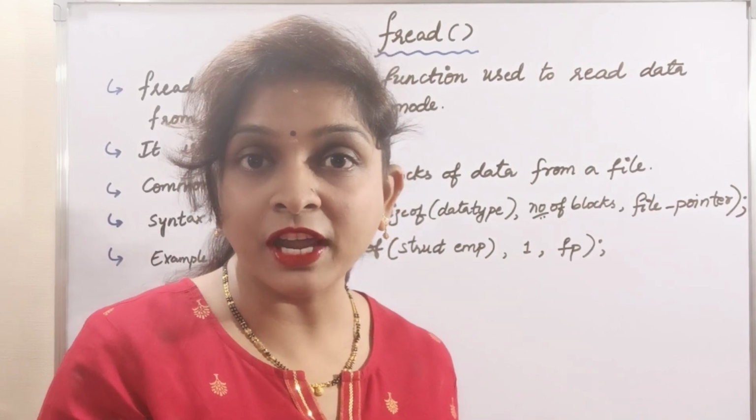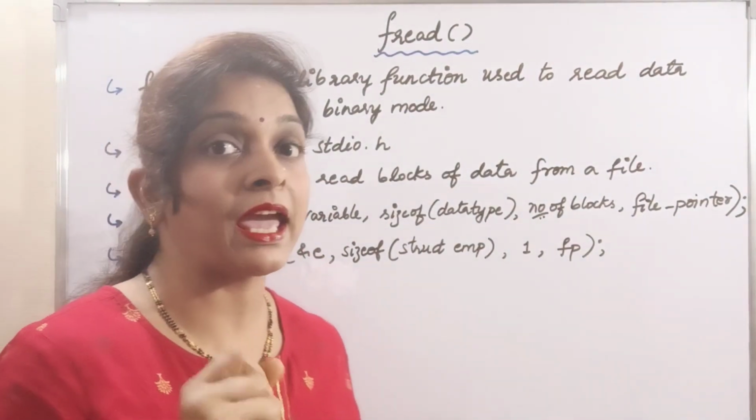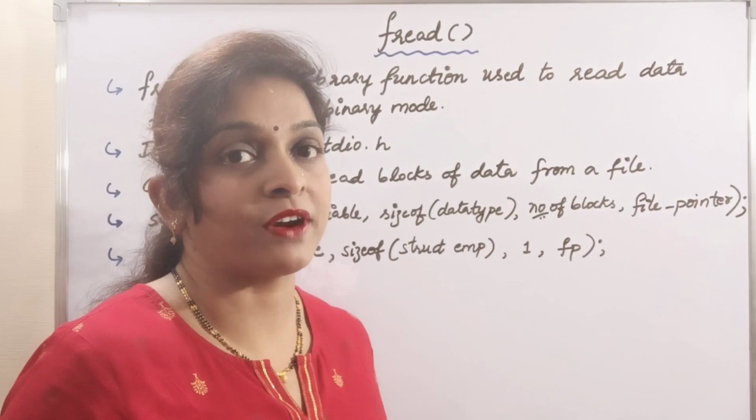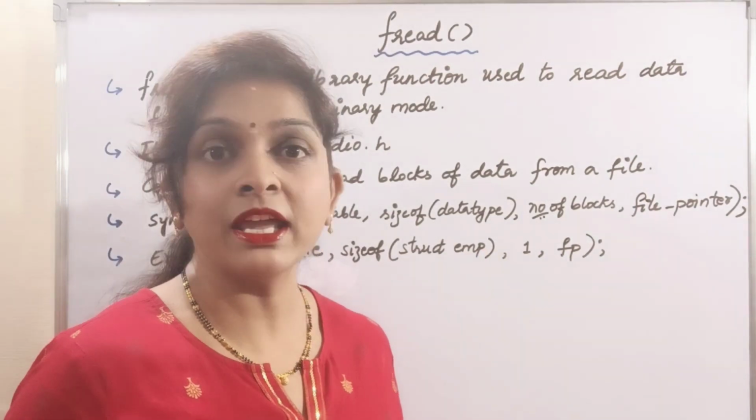We have seen fwrite to write the binary data. Now we will see fread, that is how to read the binary data from the file, how to give that data to the program and how to put that onto the console.